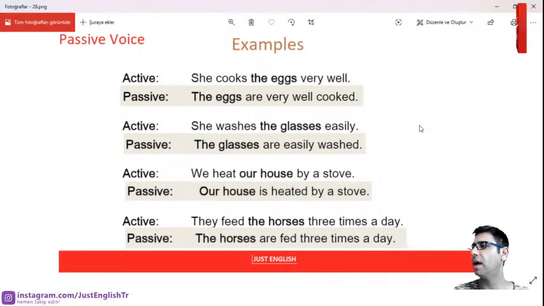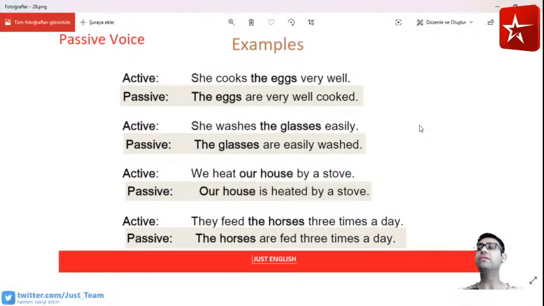Another student wrote, the house heated by a stove. That's different.